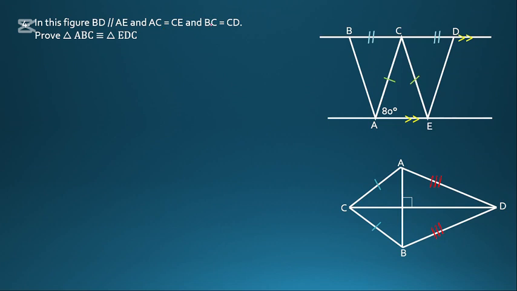And BC over there is equal to CD. So you must prove that triangle ABC, I'll make it 1, is congruent to triangle EDC. We make that triangle number 2.